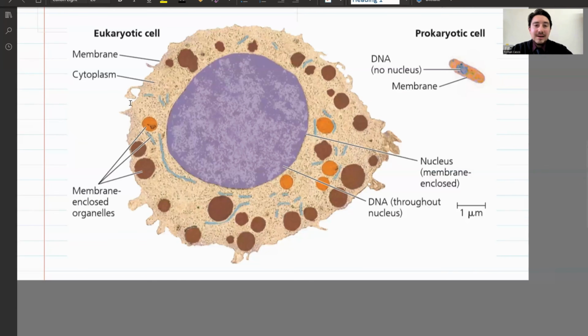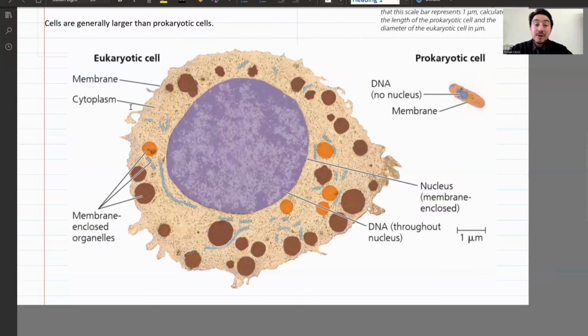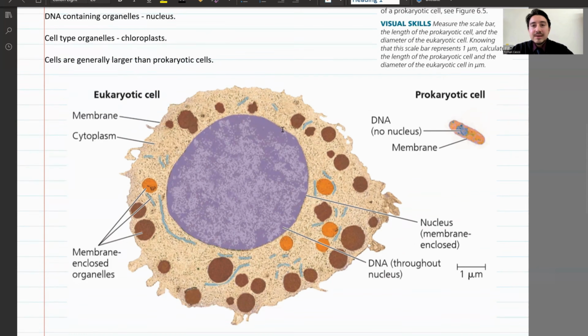This is an electron microscope image of a cell. There's two types of cells you see here. Here's a eukaryotic cell. You can think about it as an animal cell for now. And here you see a little bacterial cell, a prokaryotic cell, with adequate size comparison. Very small compared to a eukaryotic cell.